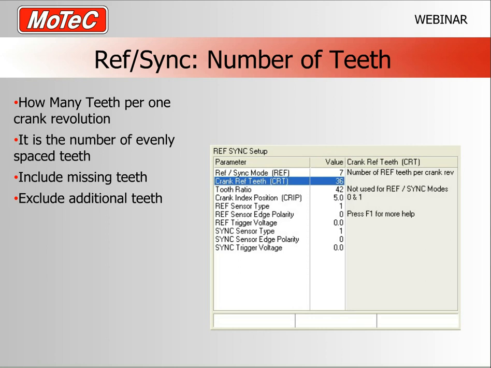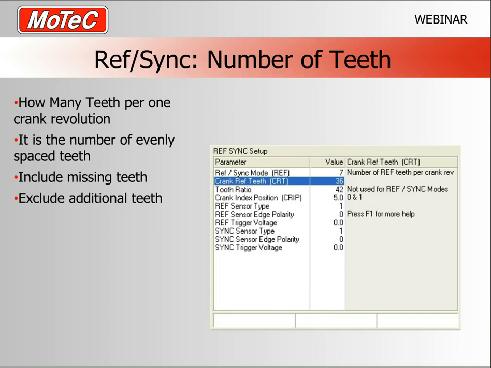The next parameter is the crank reference teeth, or basically the number of teeth on the ref. Now this is how many teeth per one revolution of the crank. And it's also the number of evenly spaced teeth.